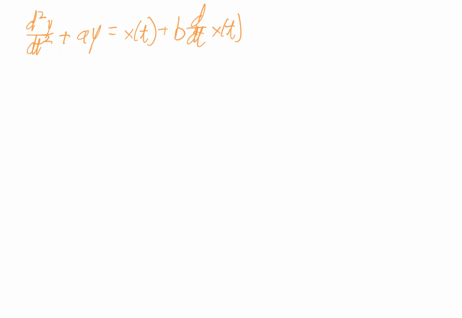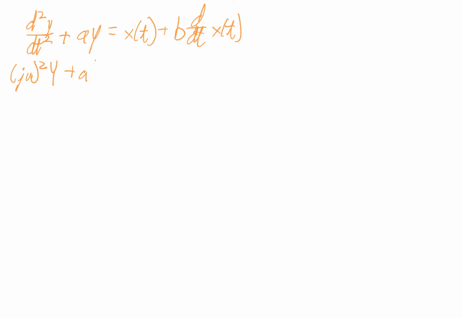And let's go ahead and turn this into the phasor domain. So we know that when we take the derivative, I get j omega. So if I take the second derivative, I get j omega squared, the phasor for y.